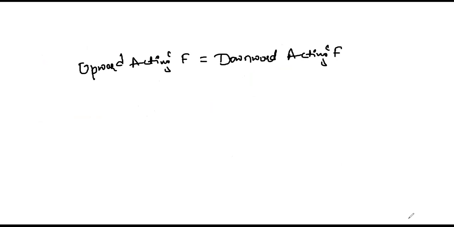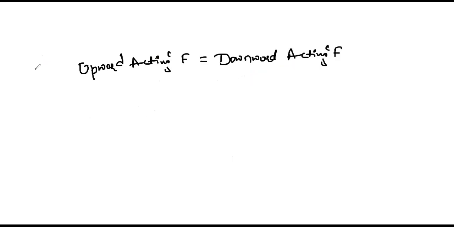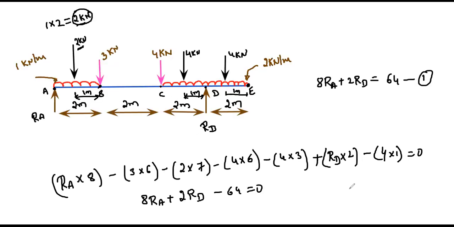In this beam, the upward acting forces are the two at the supports, RA and RD. So RA plus RD is the upward acting force, and it should be equal to the downward acting forces, which are 2 kilonewton, 3 kilonewton, 4 kilonewton, 4 kilonewton, 4 kilonewton.